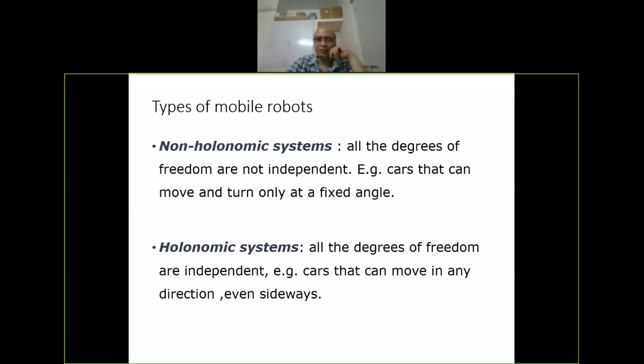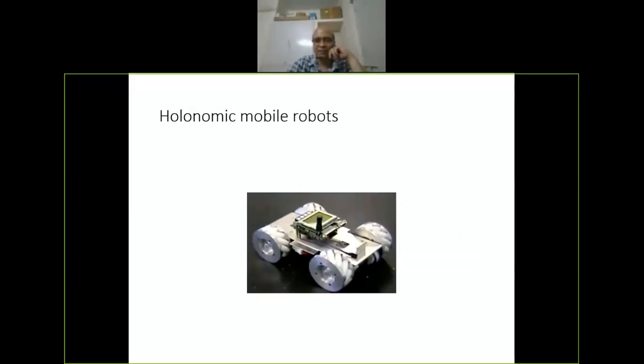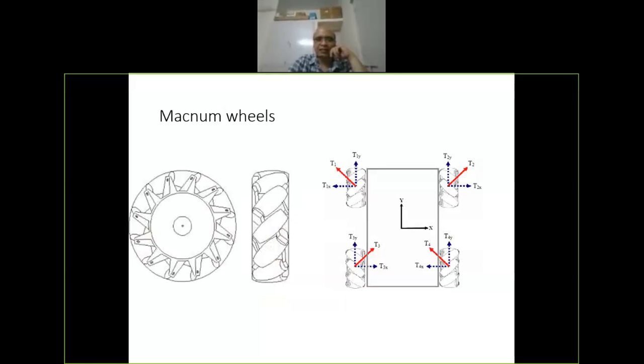Whereas holonomic systems are those in which all the degrees of freedom are independent. For example, vehicles which can go sideways or at any angle. Let's look at this car, which has four wheels with a special design. On each wheel there are rollers, and the rollers have an angle to the main vertical axis.